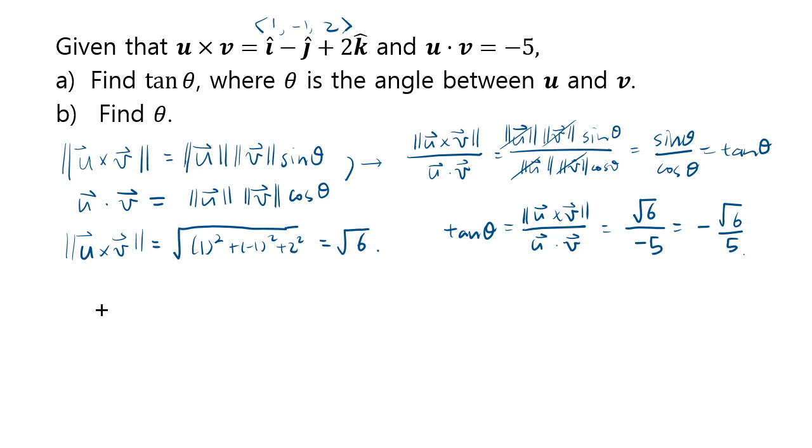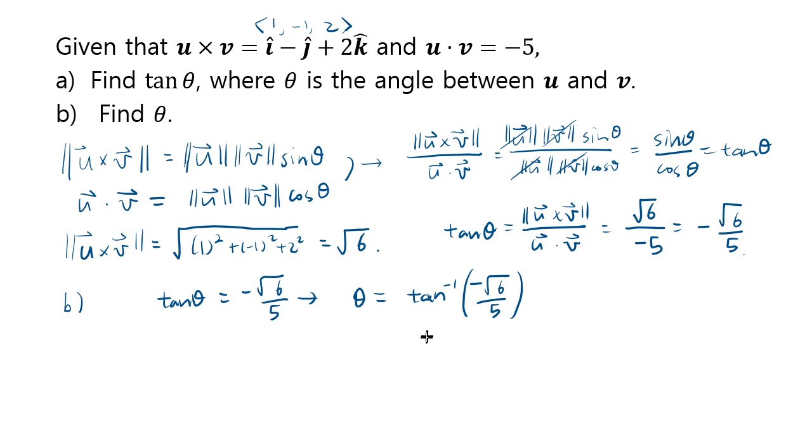Okay, now the next thing is, how do you find the angle theta then? Well, because tangent theta is equal to negative radical 6 over 5, that would mean that theta is equal to tangent inverse of negative radical 6 over 5.